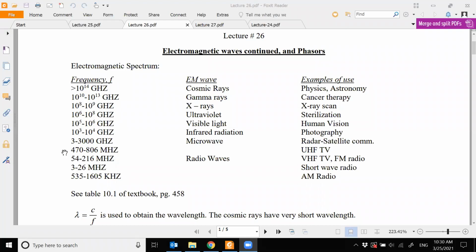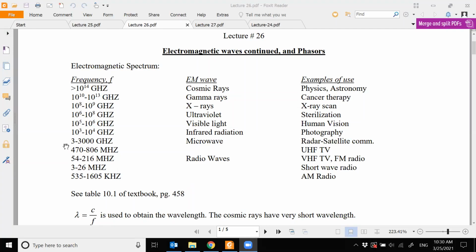Frequencies from 400 to 800 megahertz are usually used for our television signals. They are all electromagnetic waves, commonly known as just radio waves.